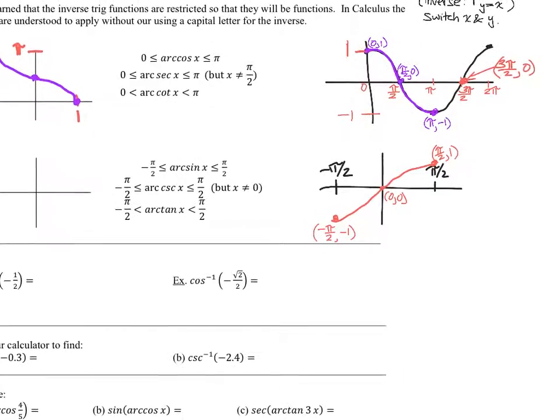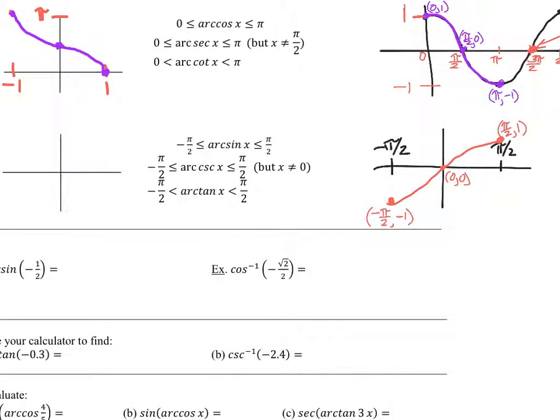I'm not going to make the entire table on the side. I'm just going to do it on the fly. Because the y values here become the x values. They're still going to go from negative 1 to 1. So I'm going to label up my x-axis the same way. The y values go from negative pi over 2 to pi over 2.